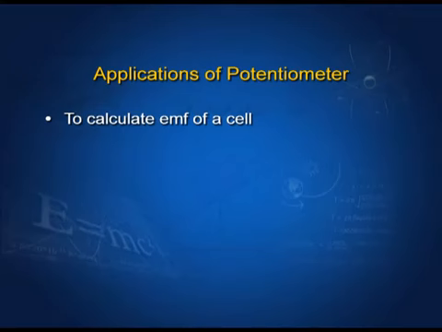Application of potentiometer. A potentiometer can be used to calculate the EMF of a cell. Always remember, we cannot calculate the EMF of a cell with the help of a voltmeter. The reason is that a voltmeter draws some current for measuring the value, whereas a potentiometer works on the null deflection method. That means it does not draw any current from the cell.